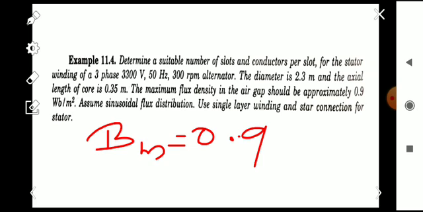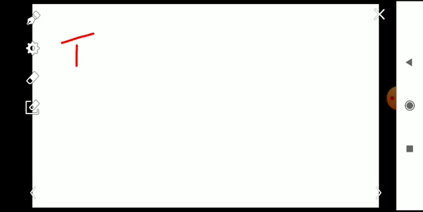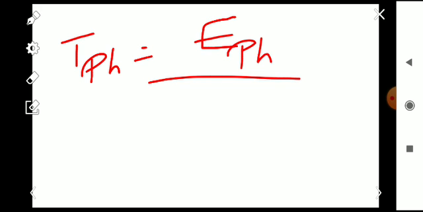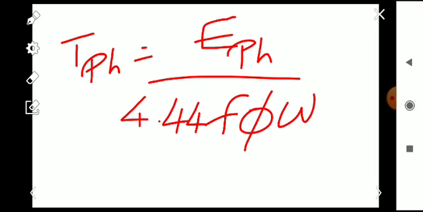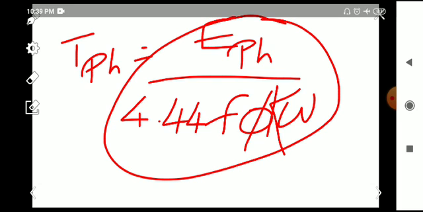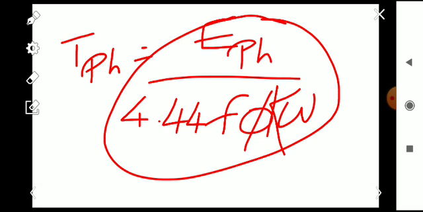The equation for T phase is E phase divided by 4.44 f phi Kw. After finding the turns per phase, we can simply find the total number of conductors and conductors per slot. For that we have to find the unknown values of this equation, and we are going to find those step by step.